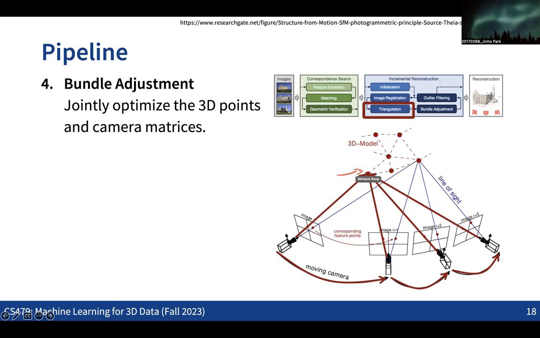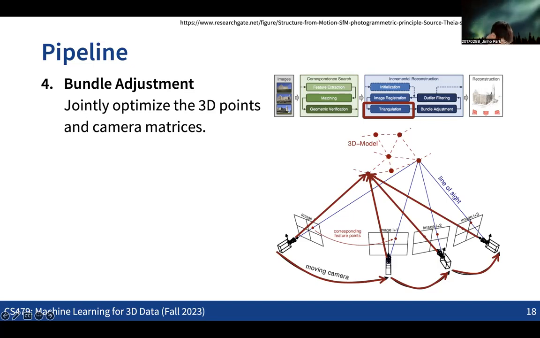This process is called bundle adjustment, which is very computationally expensive and very complex, a very non-convex optimization. This is the most challenging part. But basically, the process is that we first find the pixel-wise correspondence.